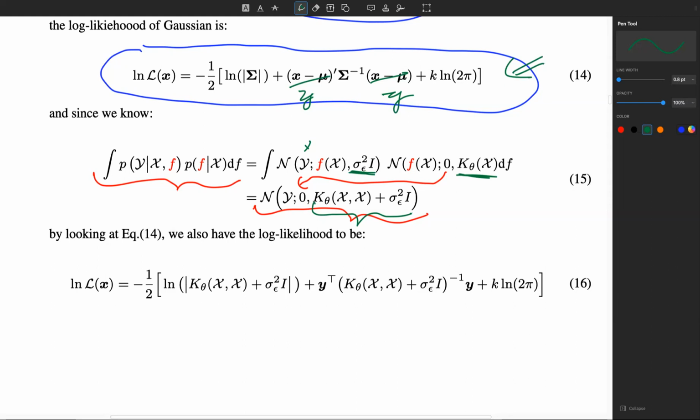Remember, the only parameter you can have in your Gaussian process is the parameter associated with your kernel, right? And you want to know what this optimal kernel is, then what are you going to do? You need to find the kernel that maximizes this log likelihood, right?